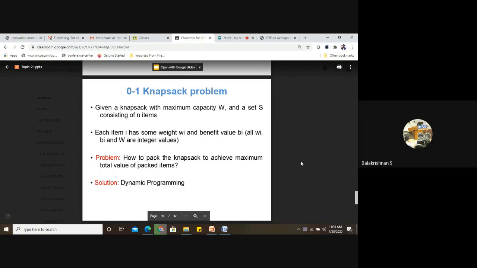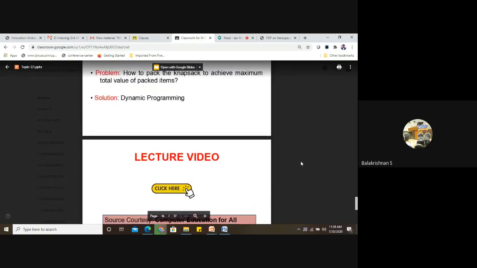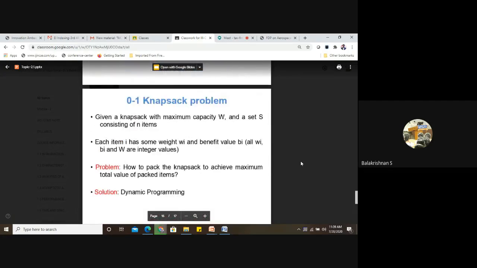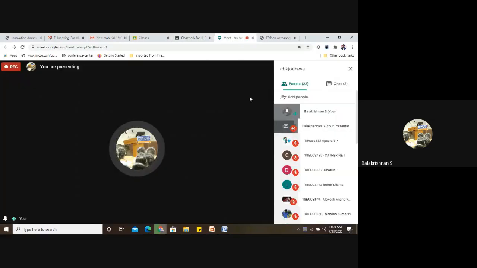Both Bi and W are integer values. The problem is how to pack the knapsack to achieve the maximum total value of packed items. The solution uses the dynamic programming concept. So this is the overview of today's topic.